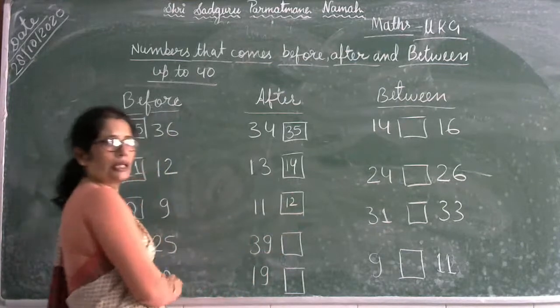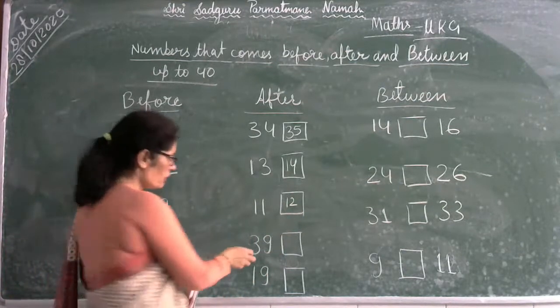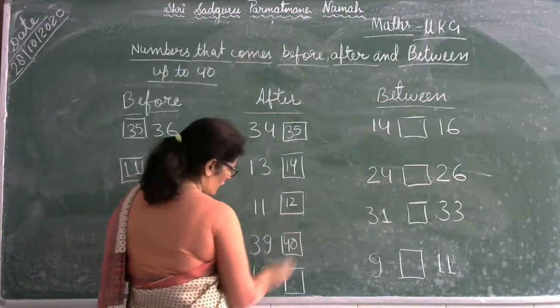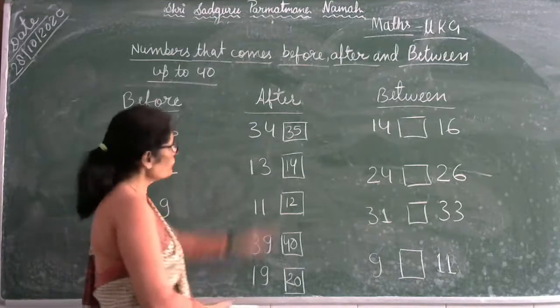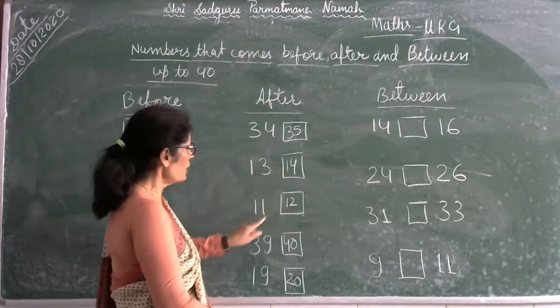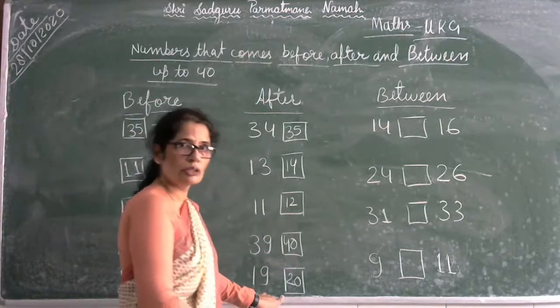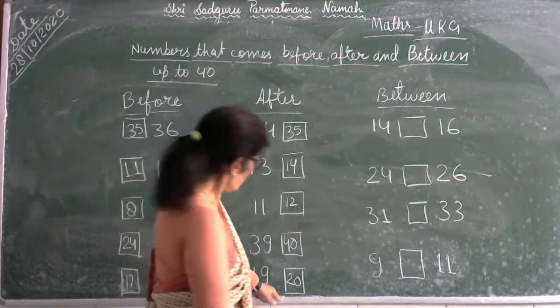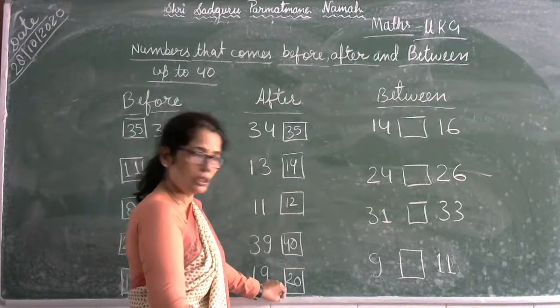And here 39, 40, 41, so the number is 40, and here 19, 20. So we can read the counting: 34, 35, 39, 40, 11, 12, 19, 20. So like that we can write the number which comes just after inside the box.